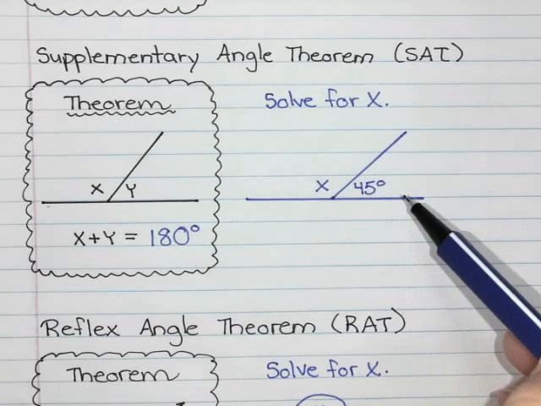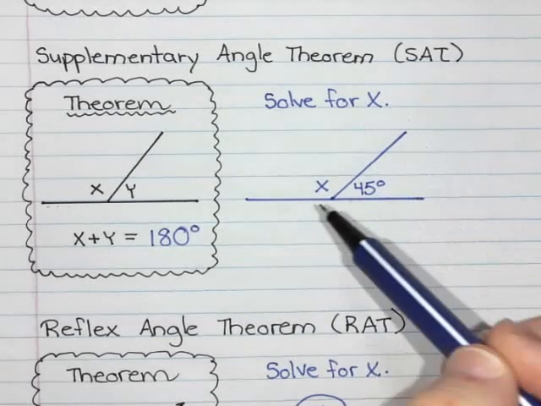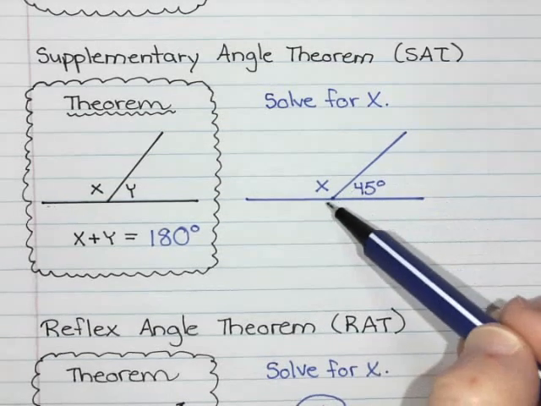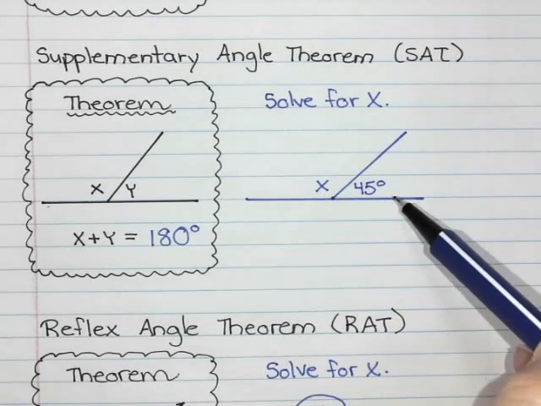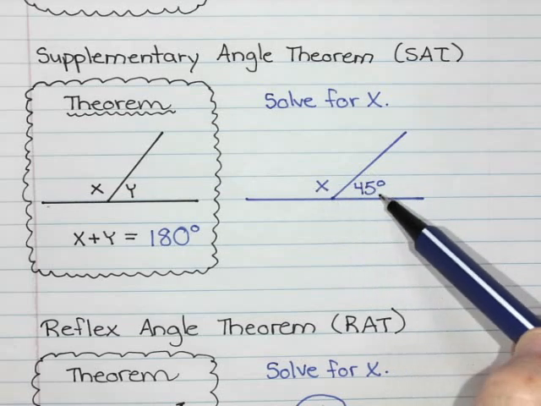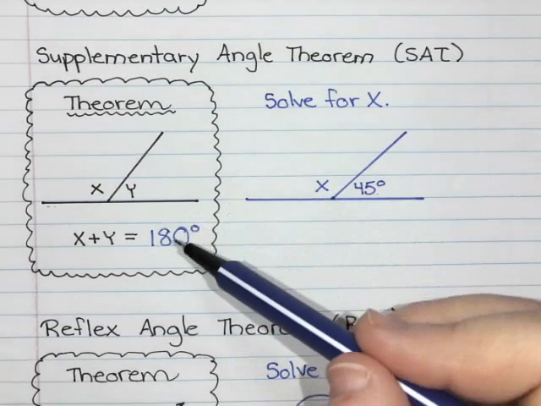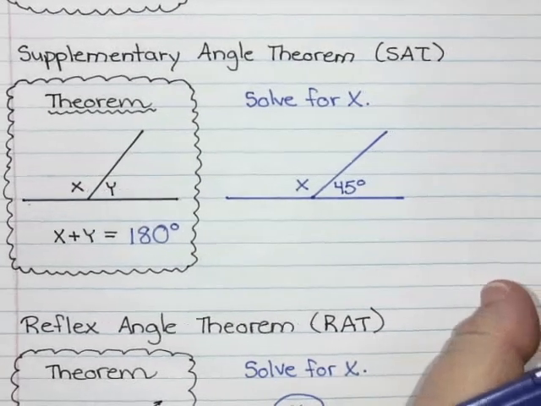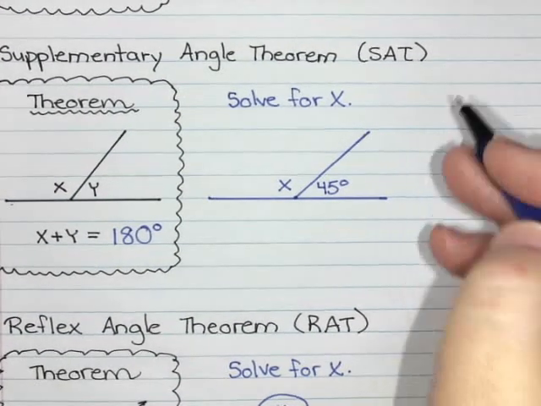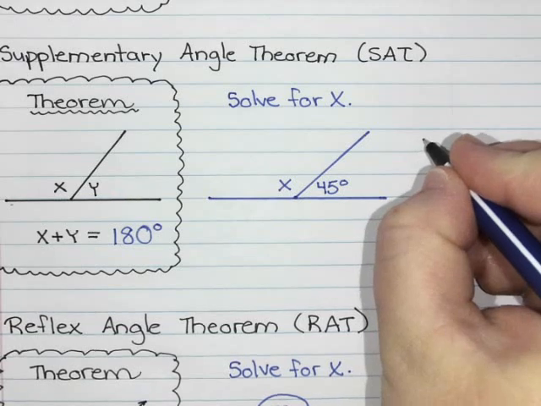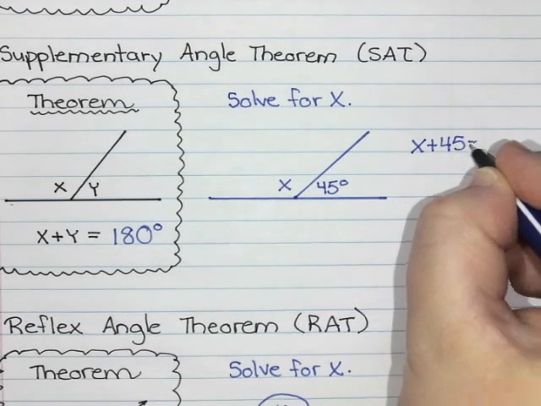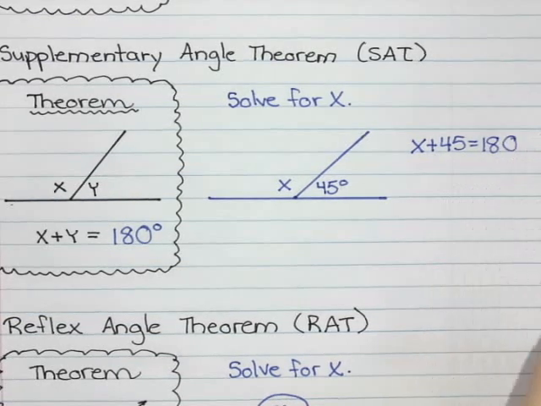So in my picture here, it says solve for x. I have a straight line, that's the thing that I notice, and then I have an angle x and an angle 45. So these 2 angles together should add to 180 degrees because they're making a straight line. So I'm going to do this by making an equation and then solving it. So I'm going to do x plus 45 equals 180.